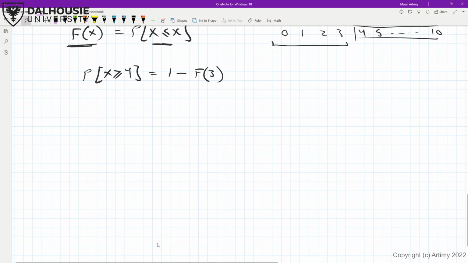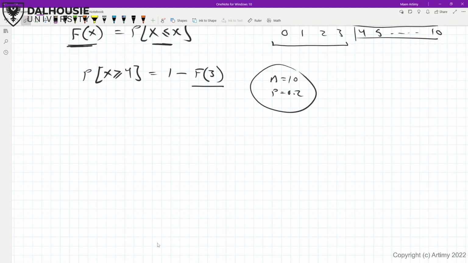Anyway, we'll practice this multiple times, but let's go back to our function. We're looking for this number here, the F of 3, or probability of x less than or equal to 3. And remember our n is 10 and our p is 0.2, right? So these three numbers I'm looking for. Let's go back to the table.